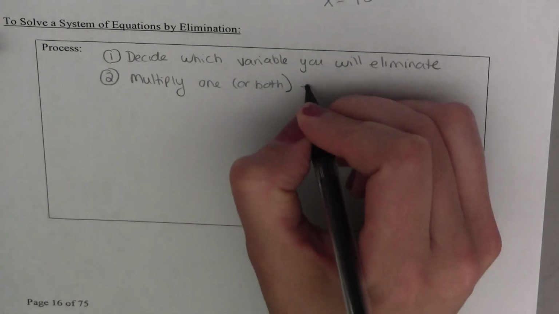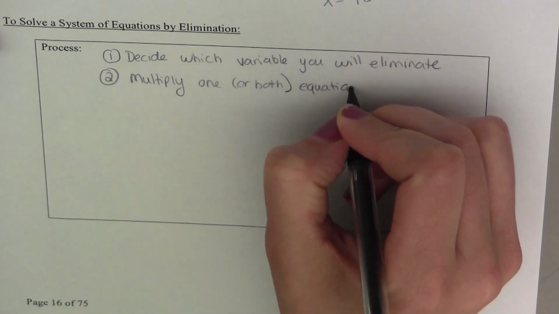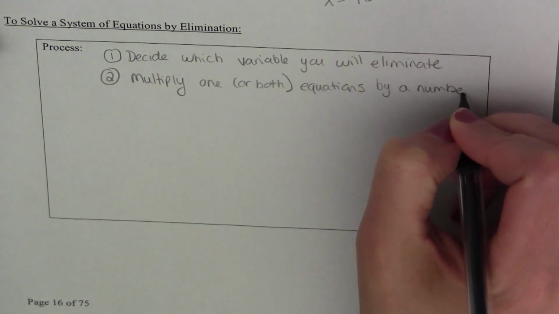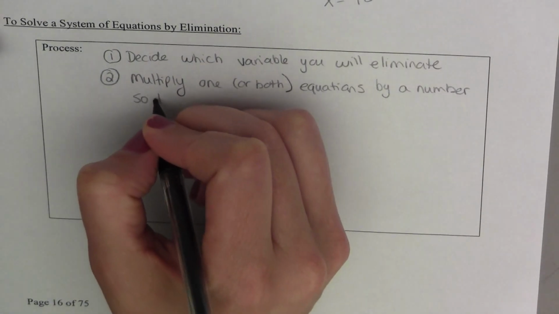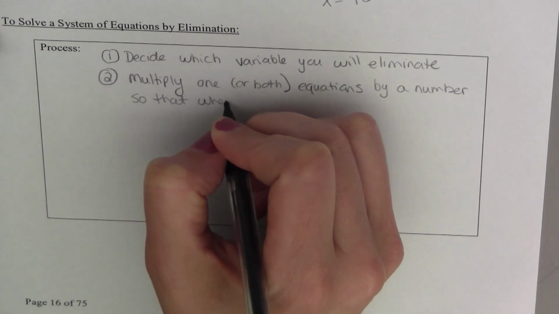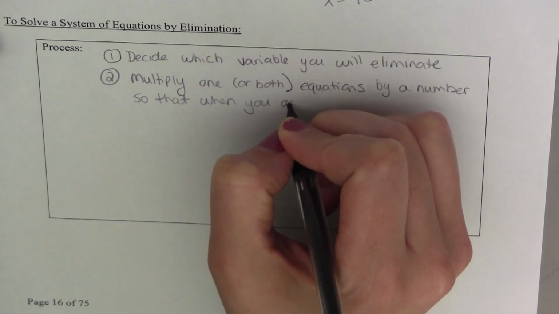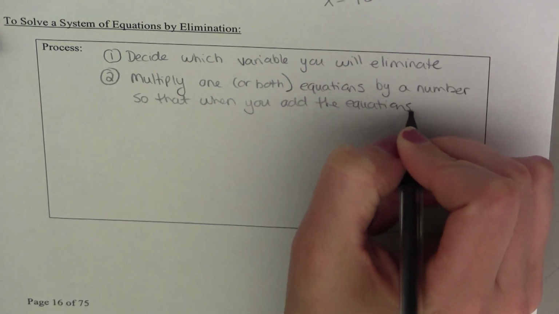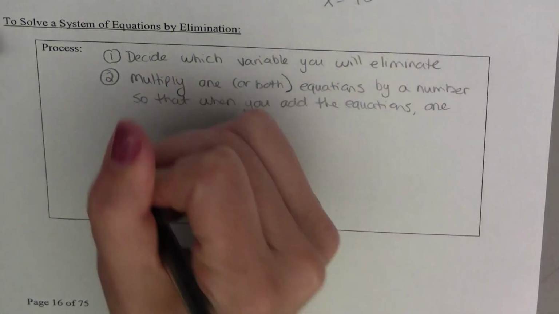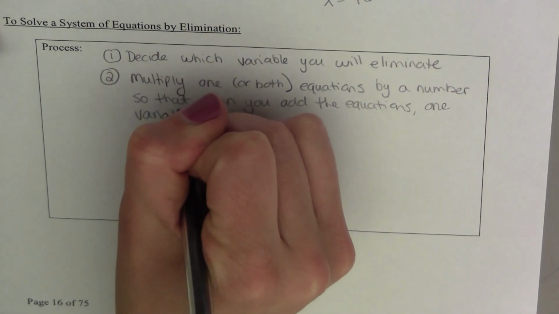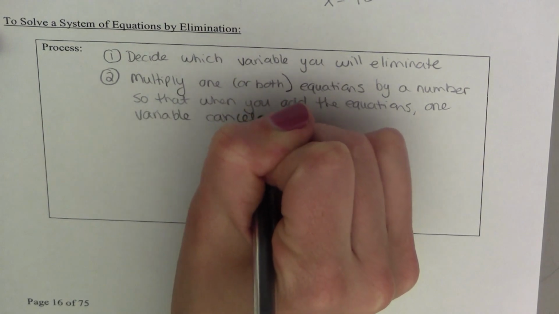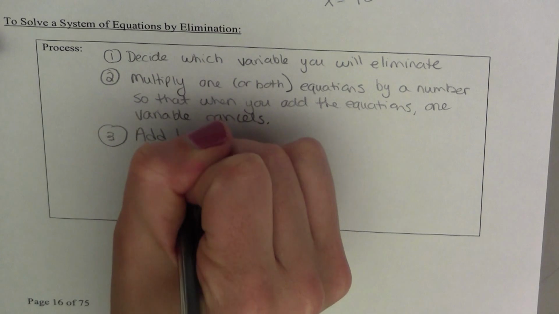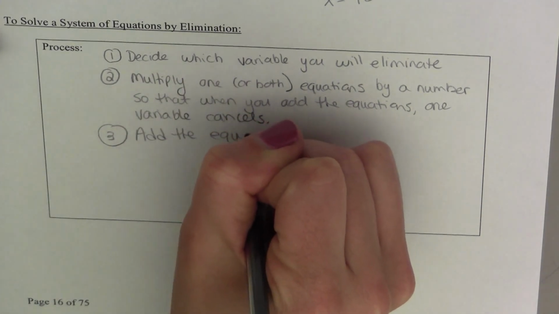So multiply one or both equations by a number so that when you add the equations, one variable cancels. Step 3 is going to be to add the equations.